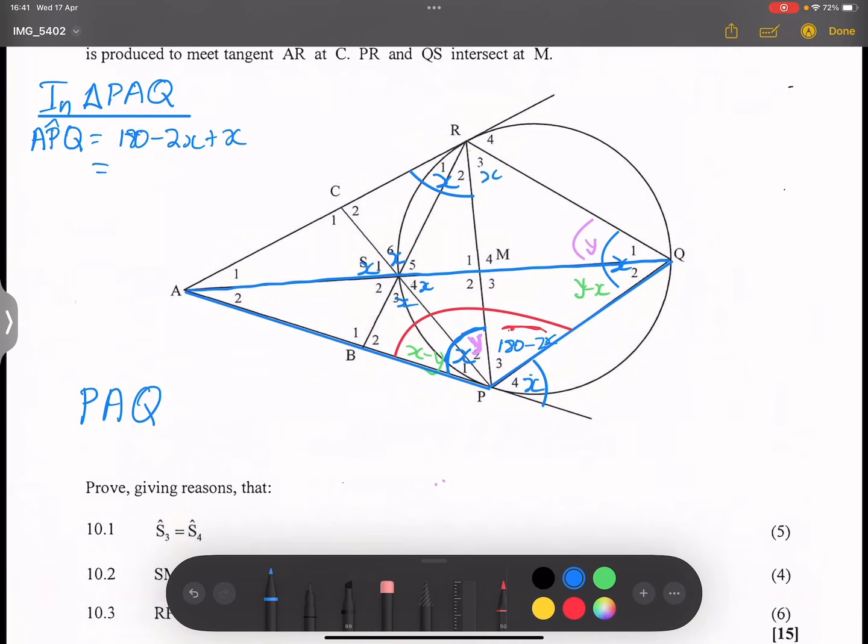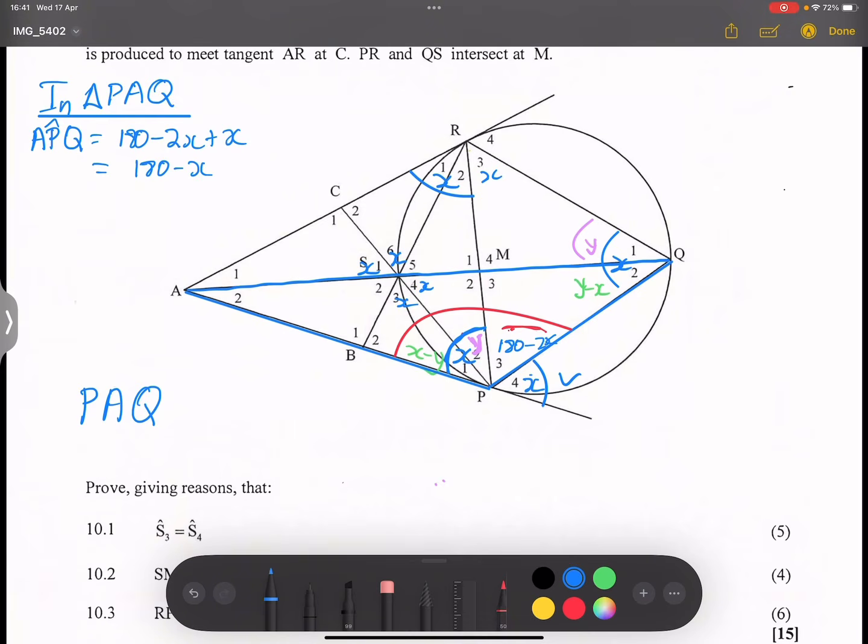And so that gives us 180 minus x. Another way in which we could do that is, remember, sum of angles on a straight line. This angle here is equal to x, so that makes this entire angle 180 minus x. In fact, that was the easiest way in which we could do that.